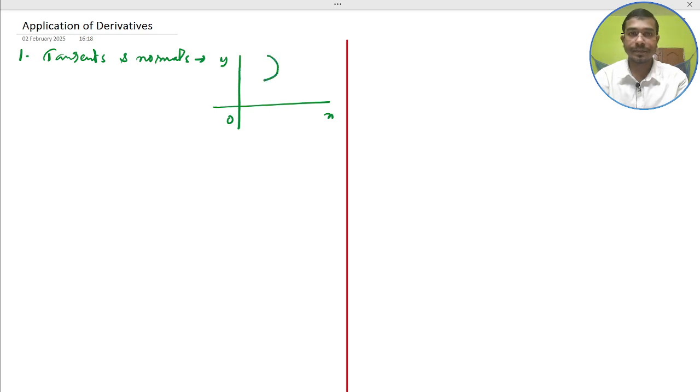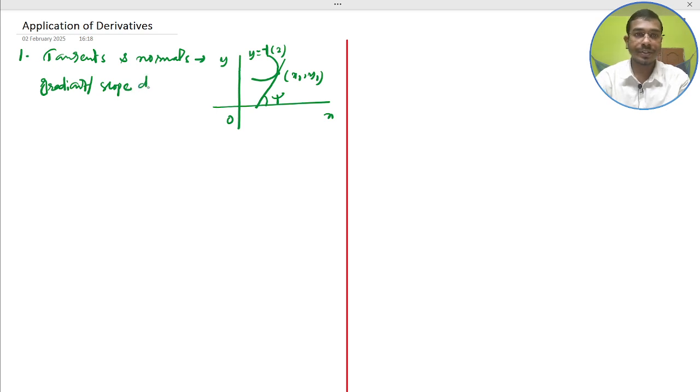Suppose this is a curve and at this point the angle is psi, and this is the point x1, y1, and this is the curve y equal to f(x). So here the gradient, or called the slope, that slope means dy/dx, is equal to tan psi, psi being the angle made with the x axis.